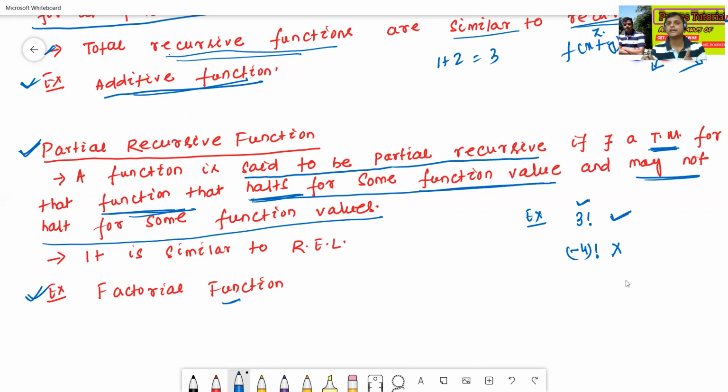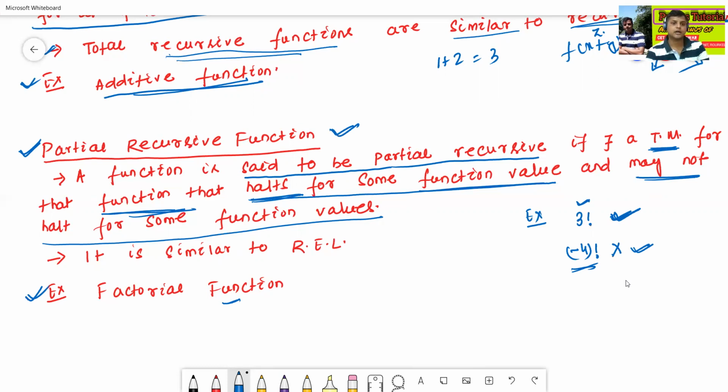So the Turing machine will halt for positive values, but will not halt for negative numbers in the case of the factorial function. So this is called a partial recursive function.